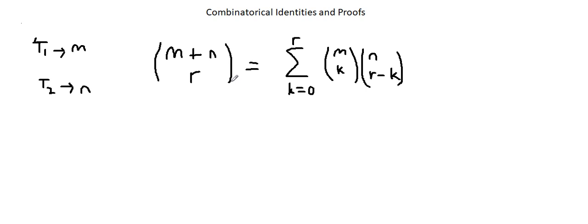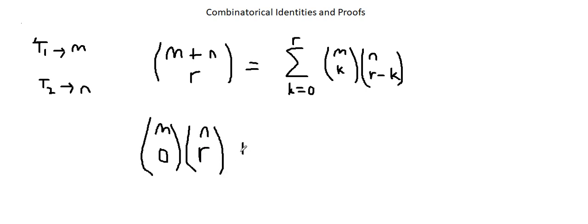So instead of trying to look at the left hand side, let's see how we could actively solve this. The first thing we could do is choose 0 of group 1, and then we would have r minus 0, so r, and choose r of them from n.